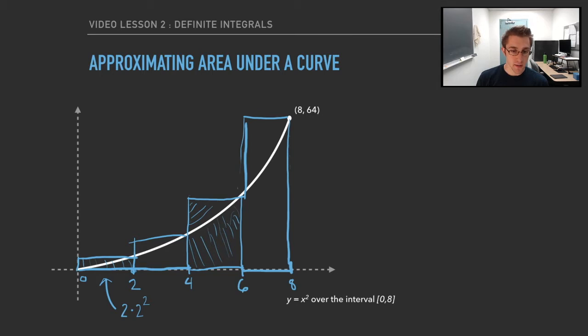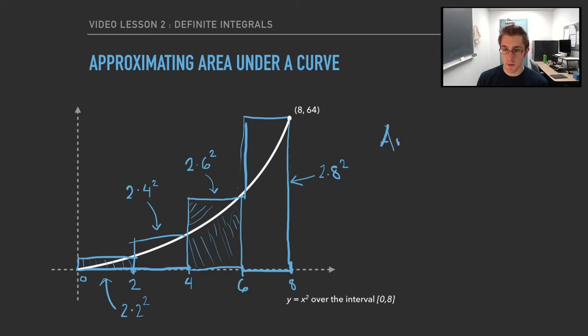For this one, the base is 2, and the height on the right-hand side is 4 squared. We do the same thing. The base is always 2, and then it's the value of the function at the right side. And then this one is 2 times 8 squared. I could be writing 64, or 36 for 6 squared, but I want to keep it like this to illustrate the patterns.